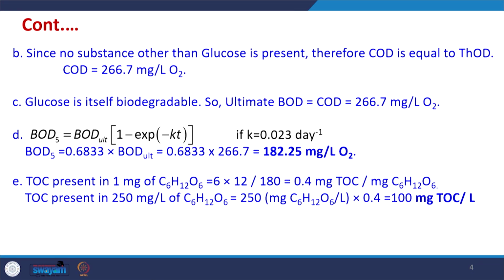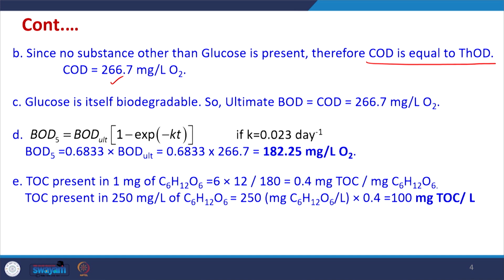Now, part B is that we have to find out COD. Since no substance other than glucose is present, the COD value will be equal to THOD, and glucose also does not contain any nitrogen. So, for glucose COD is equal to THOD itself. So, COD is also 266.7 milligram per liter.